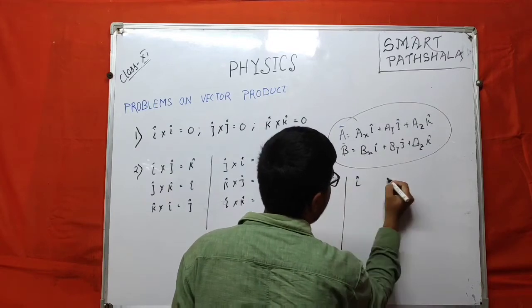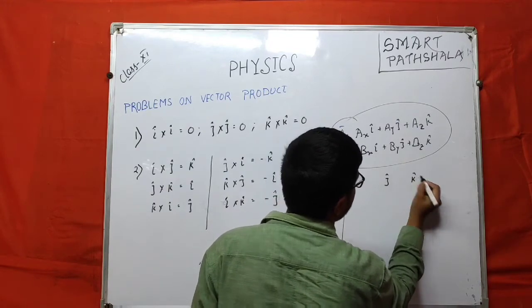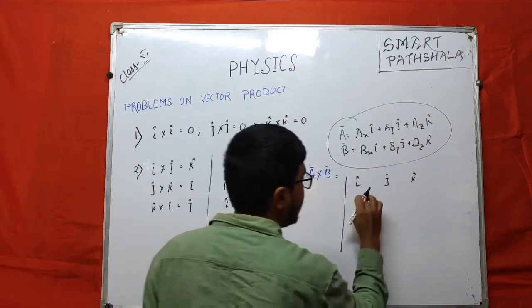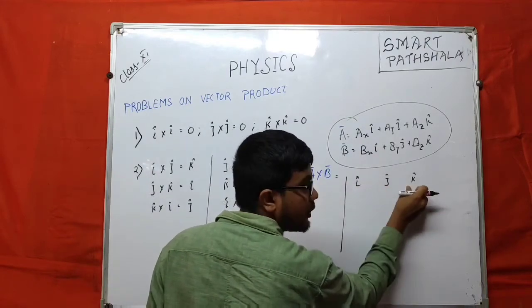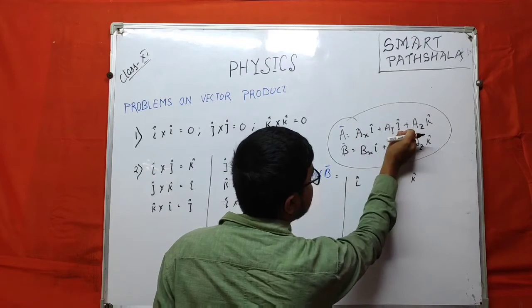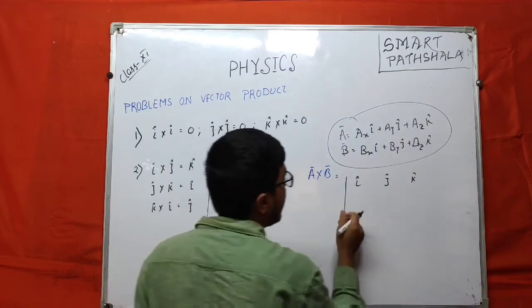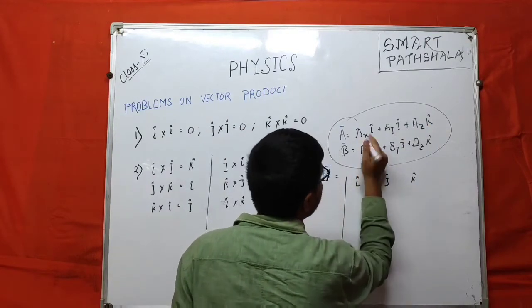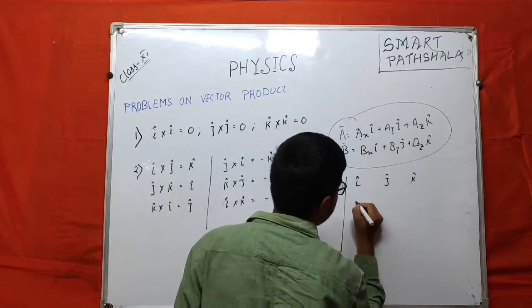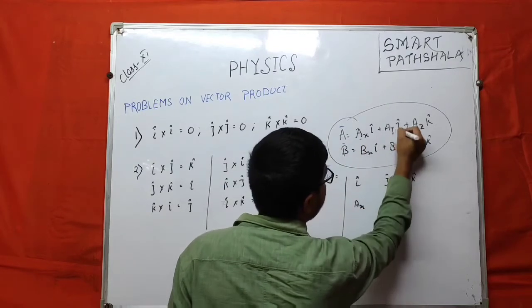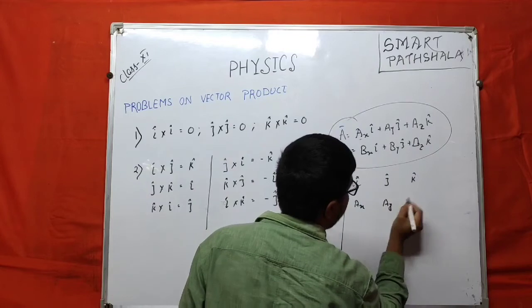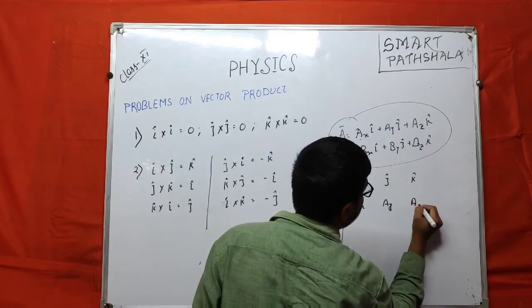So how will you arrange it in a determinant form? It's very easy. I, J, K. These are the unit vectors, I cap, J cap, K cap. Now, below I cap, first write AX. Then below J cap, AY. And below K cap, AZ.